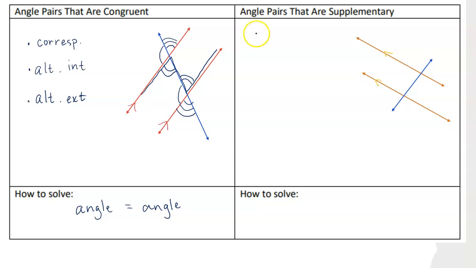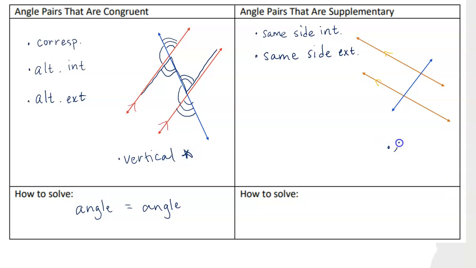The ones that are supplementary are the same side interior and the same side exterior. Just a reminder too, we've already covered some that are congruent. Vertical angles are also going to be congruent, and that's a reminder from last chapter.